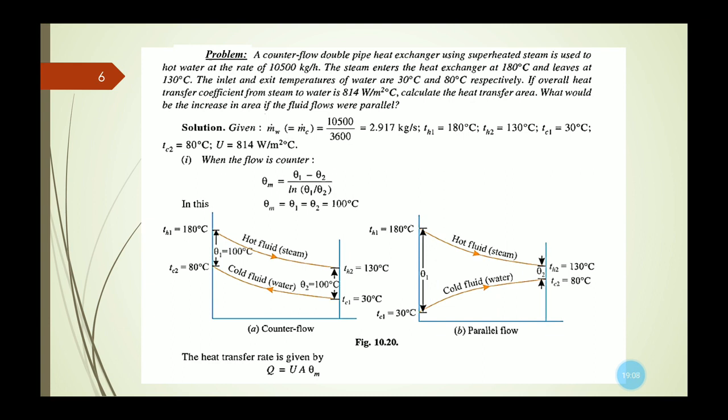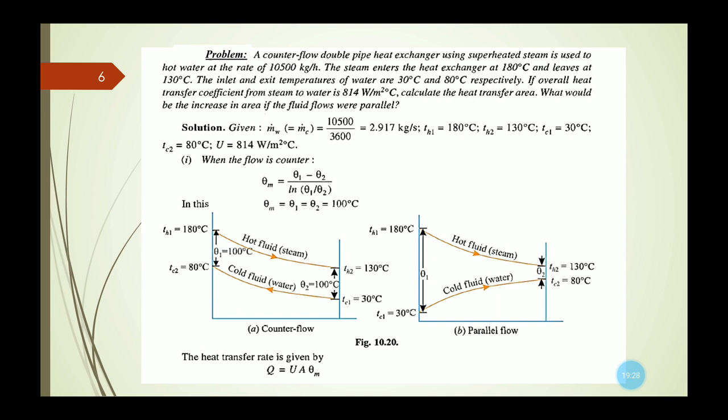So first we will proceed when the flow is counter, that is the counterflow heat exchanger concept. That is the diagram that you can see in this figure 10.20a, the left hand side of this image.